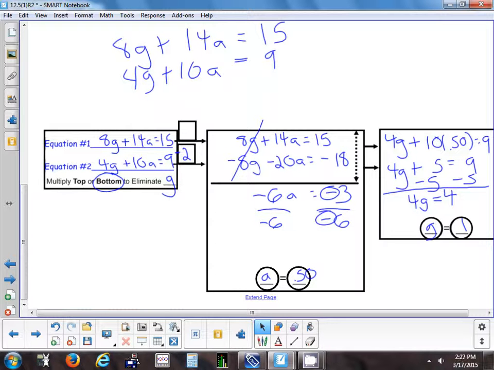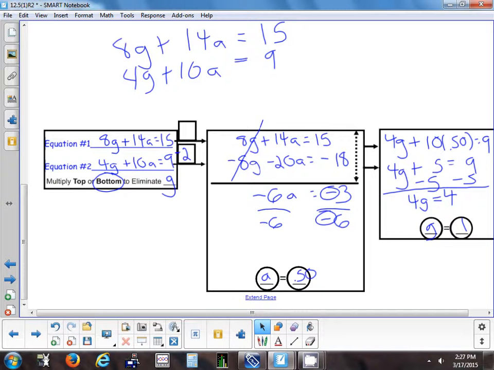You might have some like you did yesterday, on the test, where you don't need to multiply. They're already lined up for you as opposites. And guys, look at the board. The hint there, when you have one that you don't have to multiply, it's already set up, or you might have to rearrange to get it set up, there'll be no boxes. You'll know you don't have to multiply by anything because there'll be no boxes.